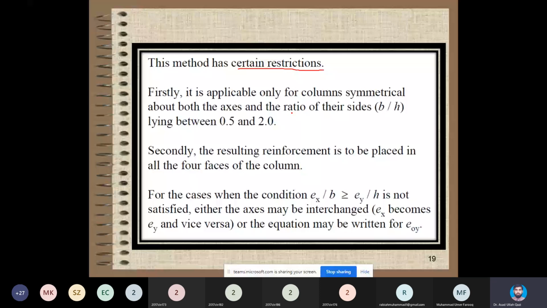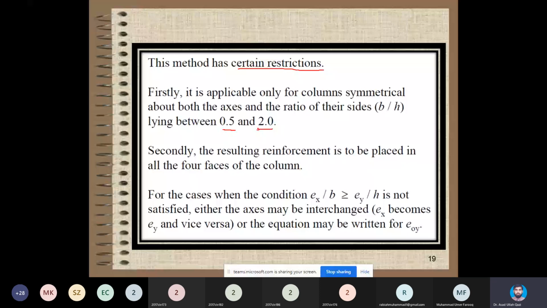If not square and it is rectangular, then the ratio of longer over shorter side should not be more than 2, or shorter over longer side should not be less than 0.5. So the reciprocal of 2 is 0.5. So it is very much safe and gives useful results when the column is either square, or if rectangular, then not to a larger degree.